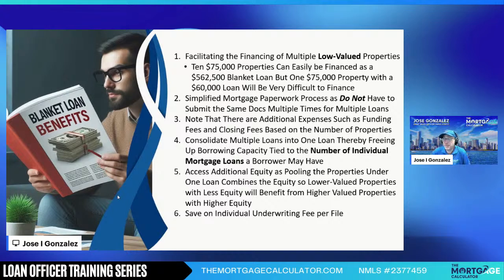So that could be a substantial savings, even if it is going to be offset a bit by an additional closing or funding fee. The additional closing or funding fee is going to be definitely lower than if you add fees for a 7, 8, or 10 file. Substantial savings there regarding the cost for the transaction.